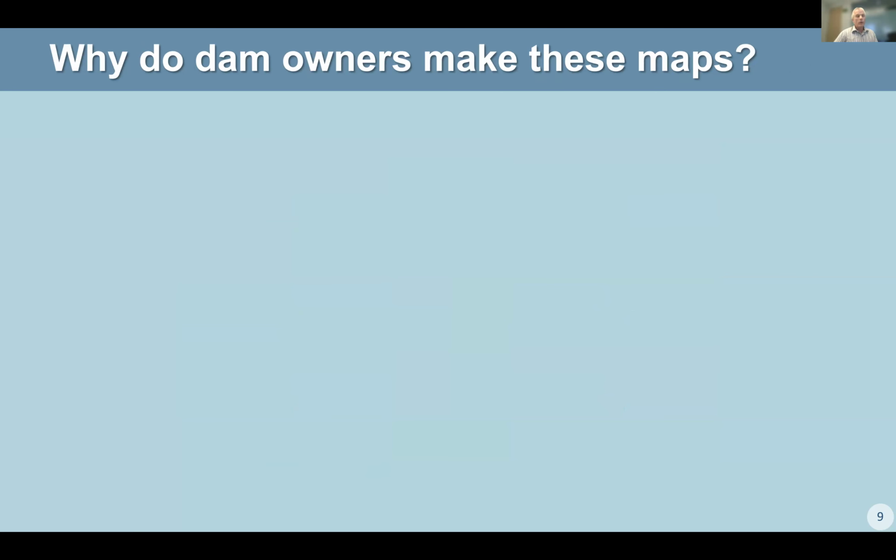So, why do we make a map? Well, the short answer is it's the same reason you have a driver's license, or it's the law. If you are lucky enough to own a dam in California, you've got to make an inundation map and you've got to develop an EAP.